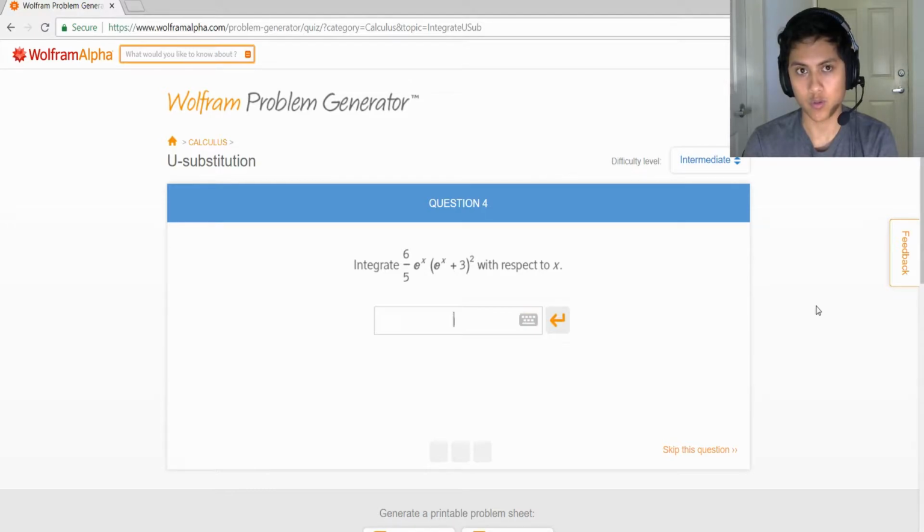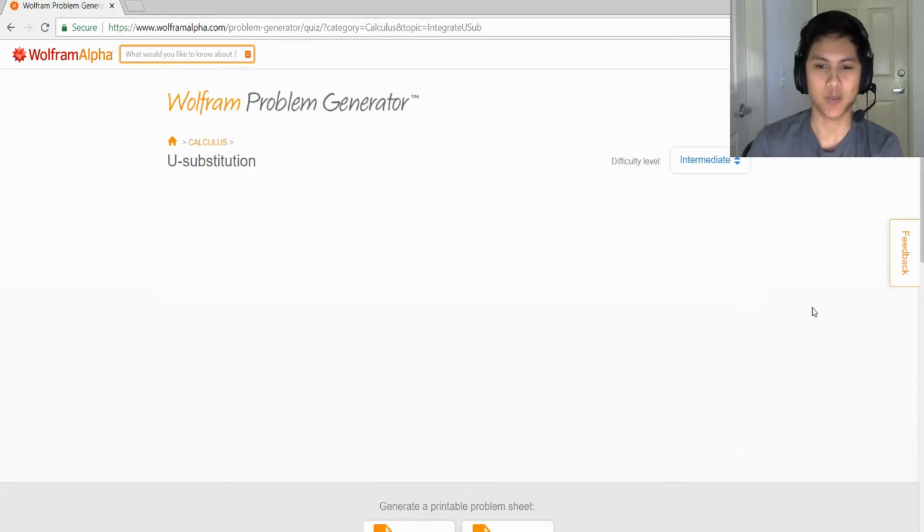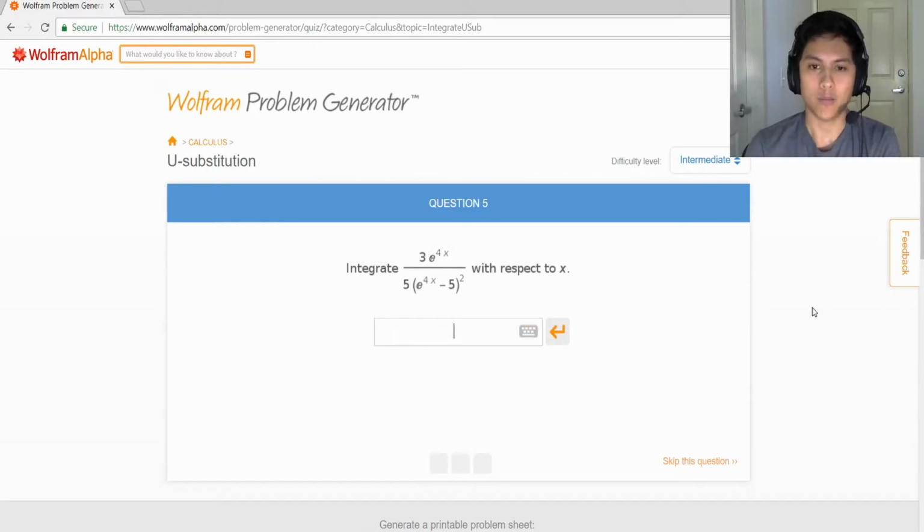So it's u cubed over 3, so I should get 6 over 15, right? And we can divide that by a factor of 3, so that's actually 2 over 5 times e to the x plus 3 cubed plus c. Oh, see? Okay, not too bad. Took a while, though.